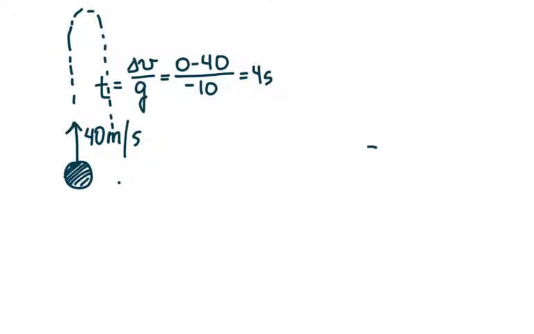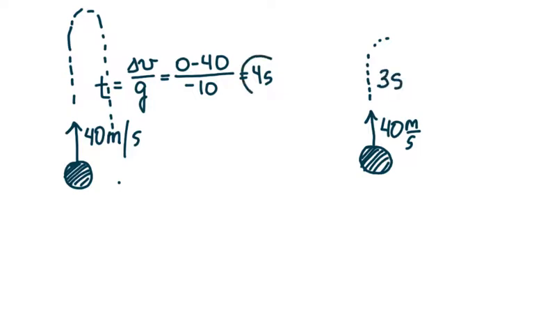But there is air resistance. So I'm going to throw the ball up at 40 meters per second, but because of the air resistance, maybe it will reach the top in 3 seconds, not 4 seconds. Now, if there was no air resistance, it would fall down in 3 seconds and would have 30 meters per second. But because there is air resistance, it will not fall down with 30 meters per second.